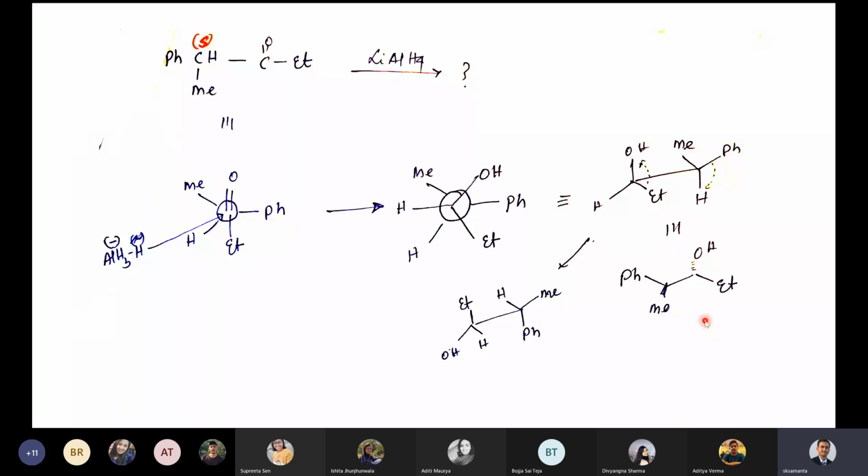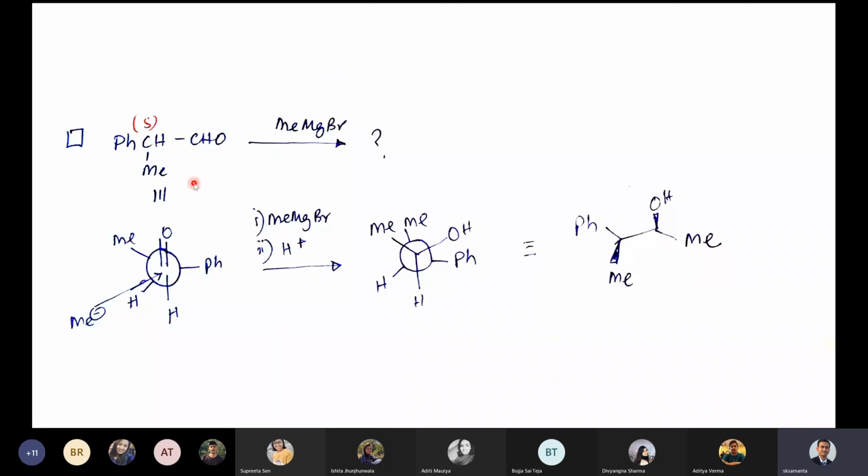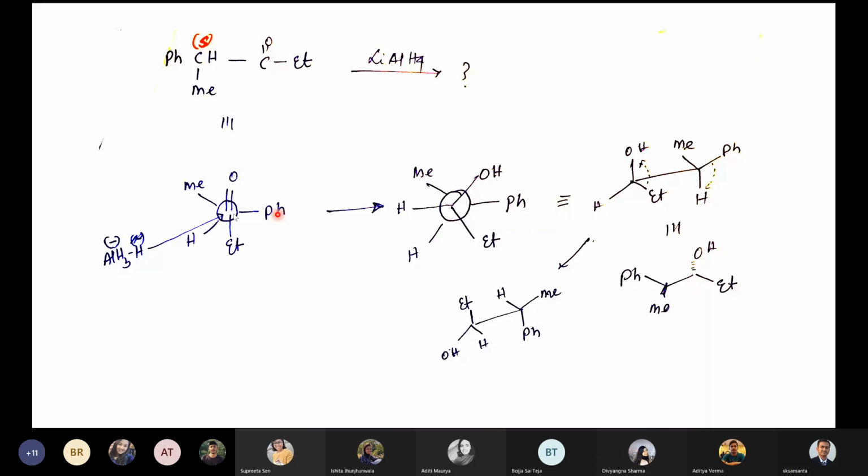Okay. The same way, let's say again we take the same example, Ph, Me and H, and we take the S configuration. So you know that Me is coming in the front. So this is your S configuration, Ph here, Me here, H here. It is the same. So this front carbon is A, this is B, this is C. The front carbon, that is your carbonyl carbon, is your A priority.